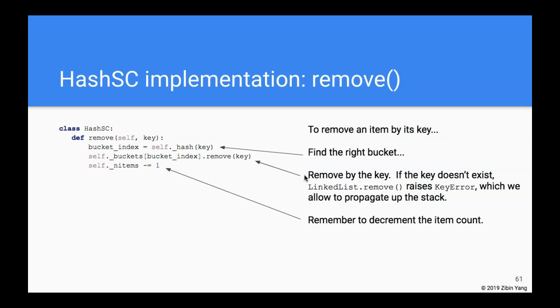It's possible that the key does not exist in that linked list, but linked list remove, if you remember, raises a key error if the key doesn't exist. So that's what we want, and that's all good.